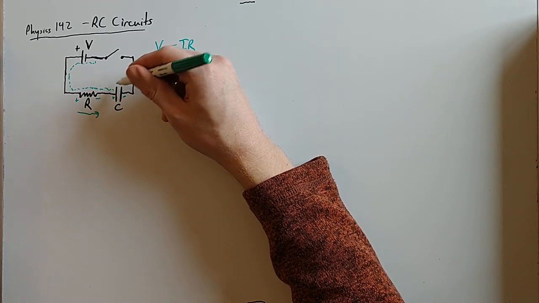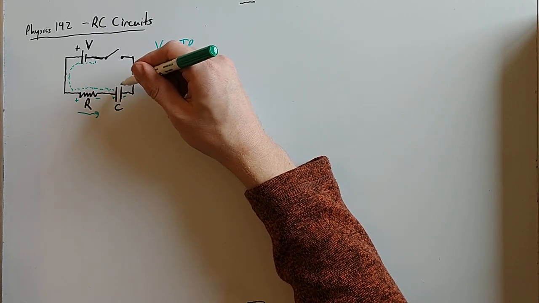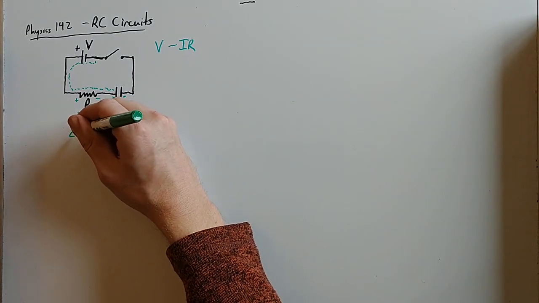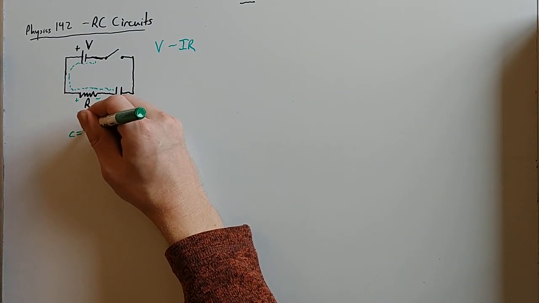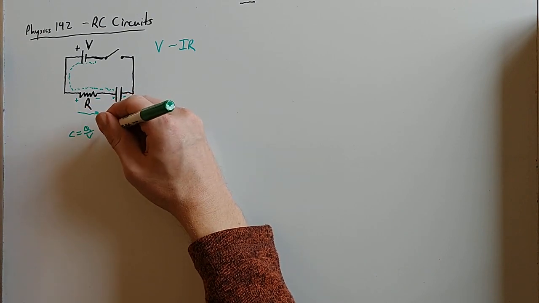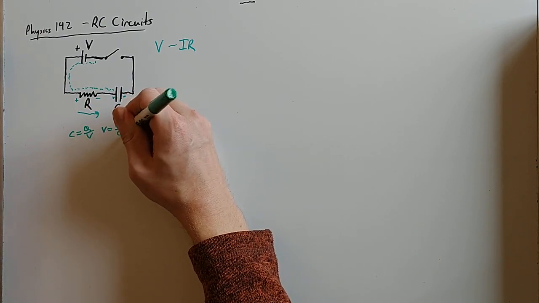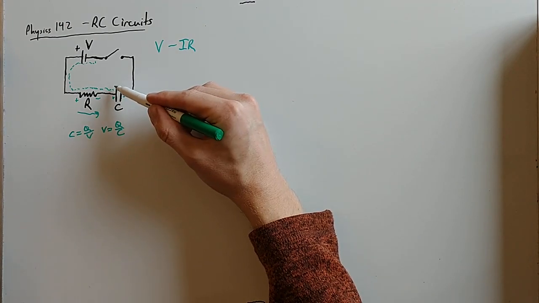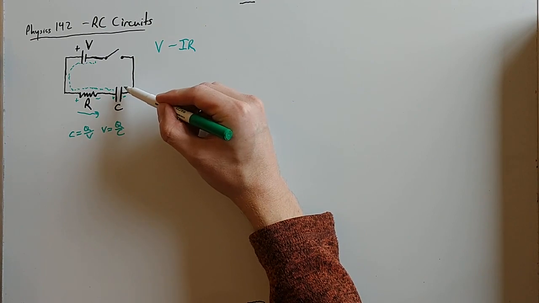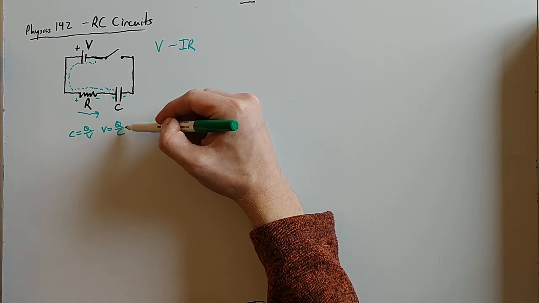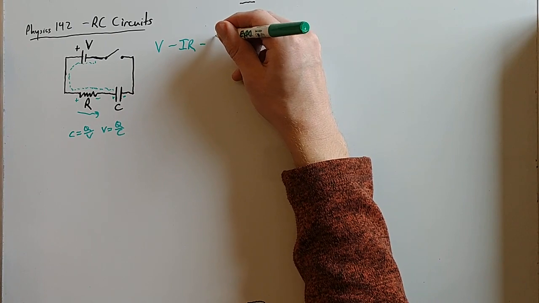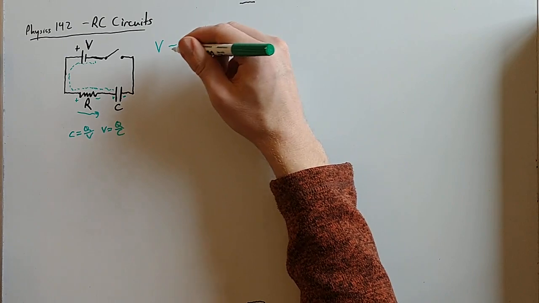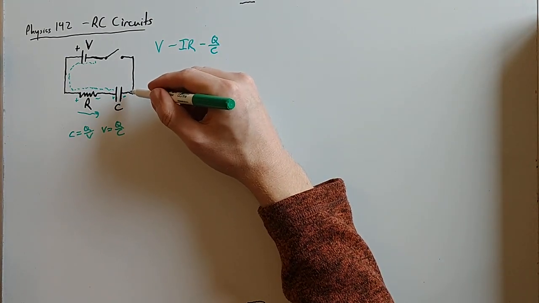And capacitors have a potential across them, a potential V. You might recall, just note down here, that C, our capacitance, was Q over V. So that means V must be Q over C. Specifically here, as we go from the positive to negative, we're going to go more downhill, so we'll lose more potential. How much will we lose? Well, we'll lose Q over C. So for the capacitor, we'll have minus Q over C as the potential drop going across that capacitor.